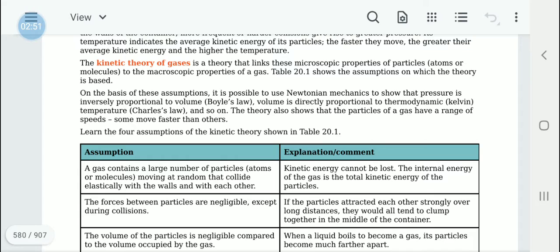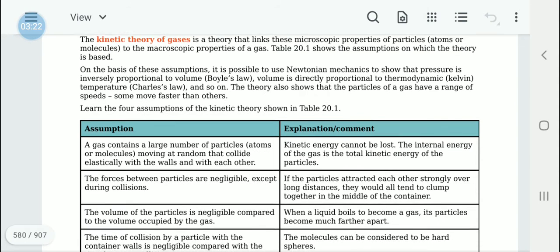On the basis of these assumptions, we use Newtonian mechanics, because this is related to movement and energy, to show that pressure is inversely proportional to volume, that is Boyle's law. Then volume is directly proportional to Kelvin temperature, that is Charles' law. Like that we can prove that these relationships exist because of these ideas.